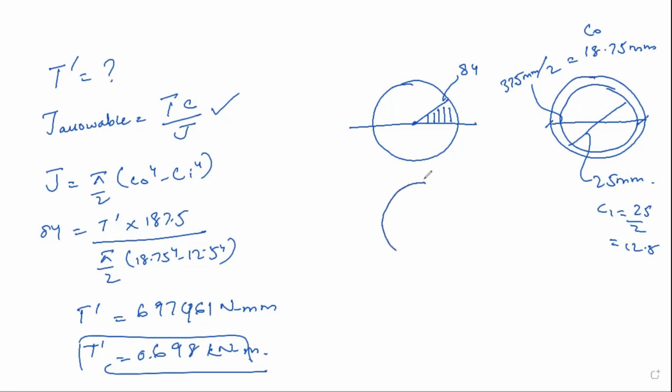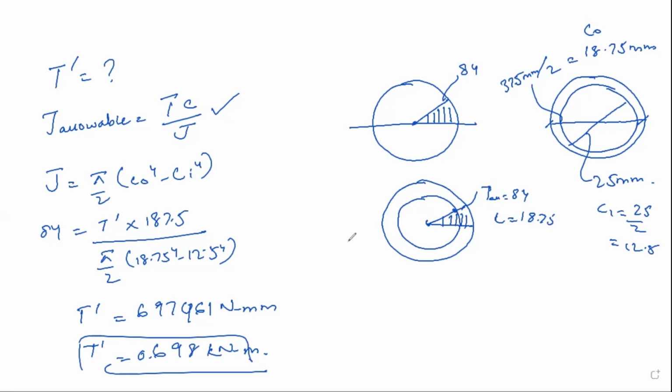For the second case, we have a circular shaft. In this one, we have 84 megapascal T allowable, but for this one, this is when C is equals to 18.75.